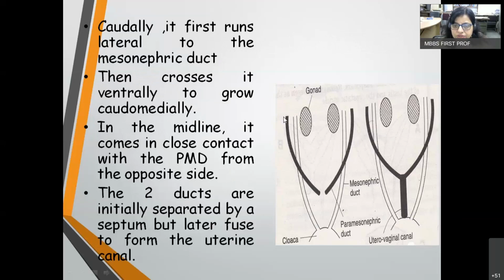So as I've told you, it is from lateral going to the medial part, crossing the mesonephric duct, and then fusing in the midline to open at the level of cloaca.